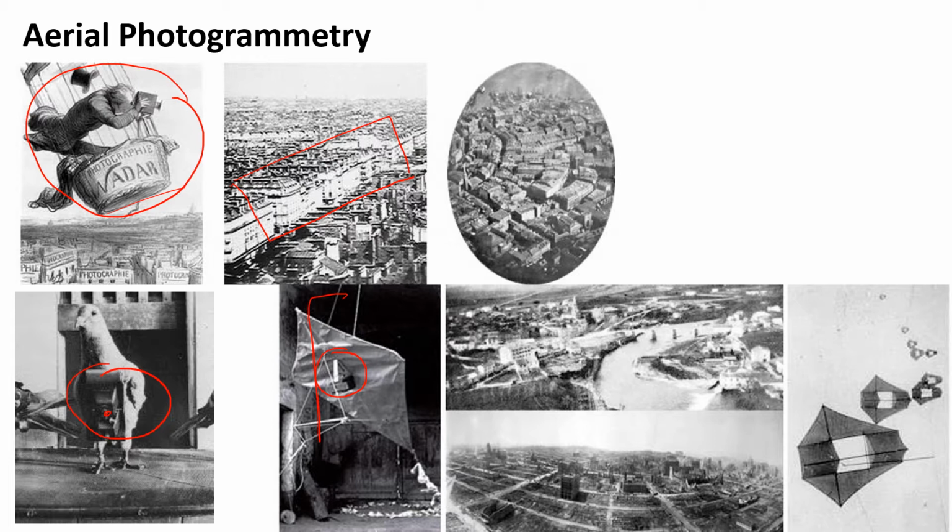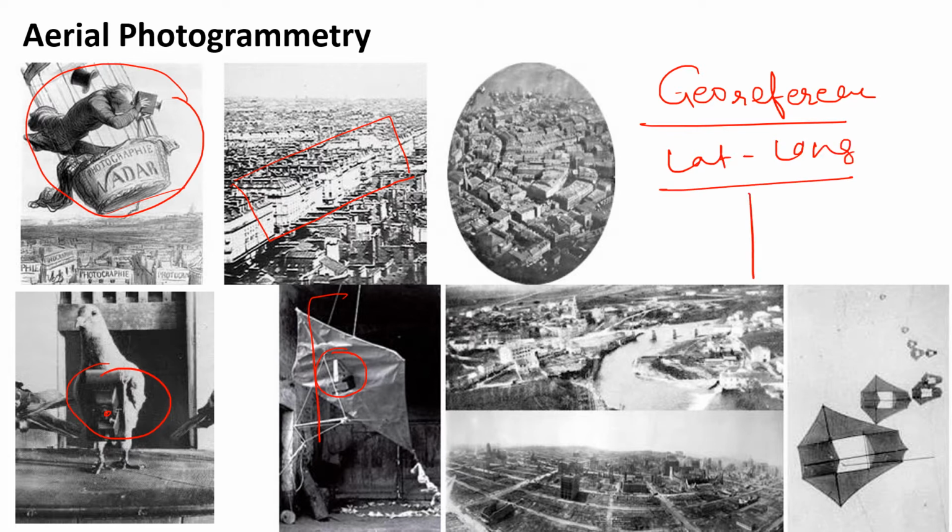And these photographs are geo-referenced. The meaning of geo-reference is that they have the latitude and longitude of this area. When they have latitude and longitude, it is very easy to determine the location. All information can be retrieved, and they made use of this technology to identify the enemy's hidden places with the help of pigeons.